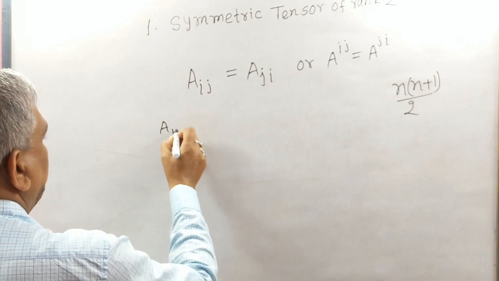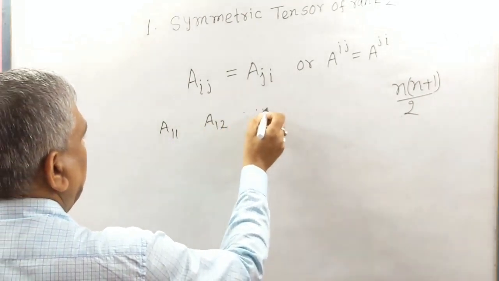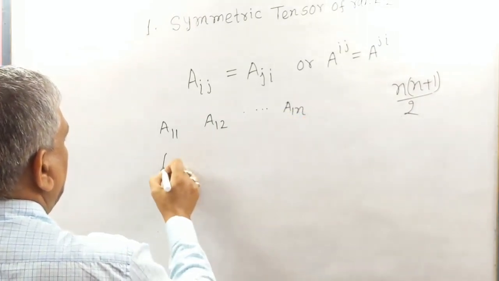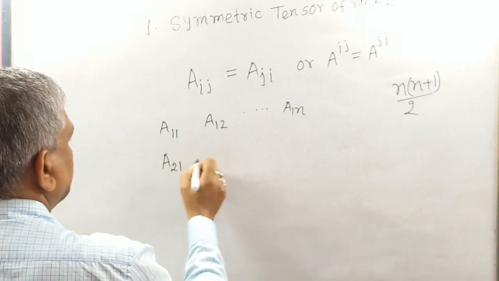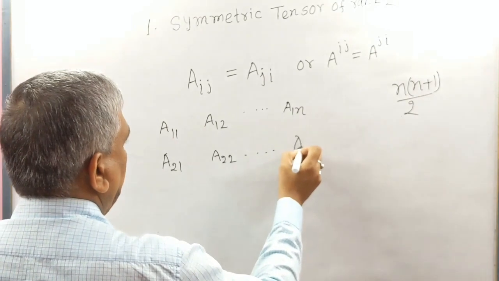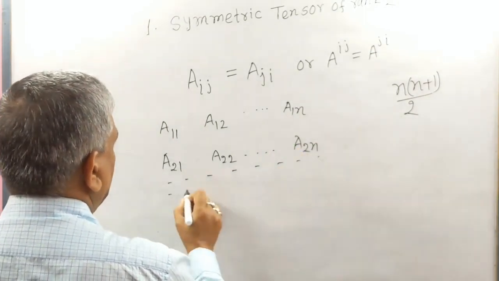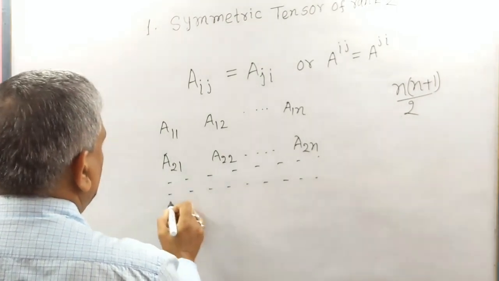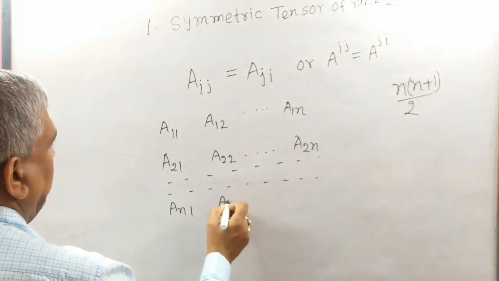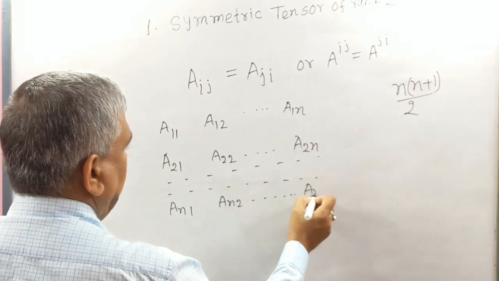We get A11, A12, A1n, A21, A22, A2n, An1, An2, Ann.